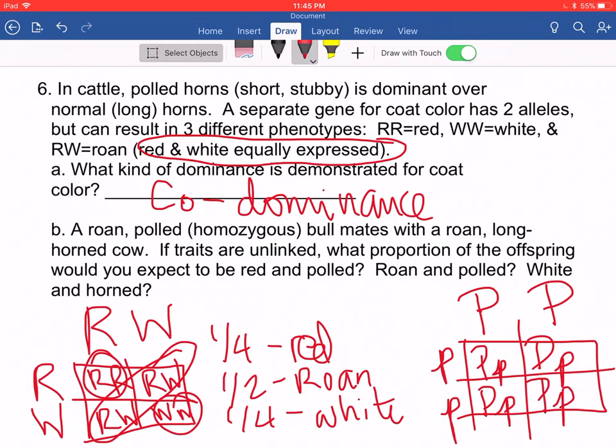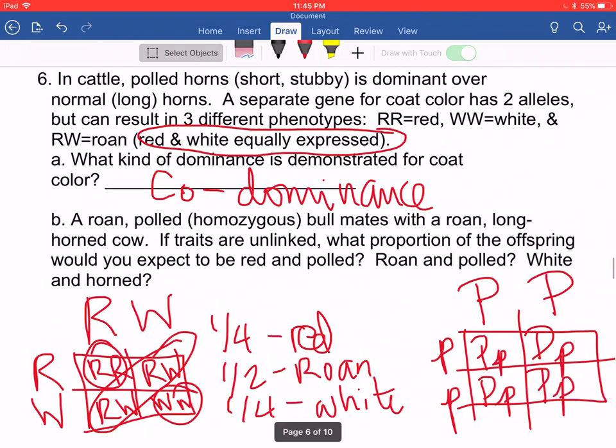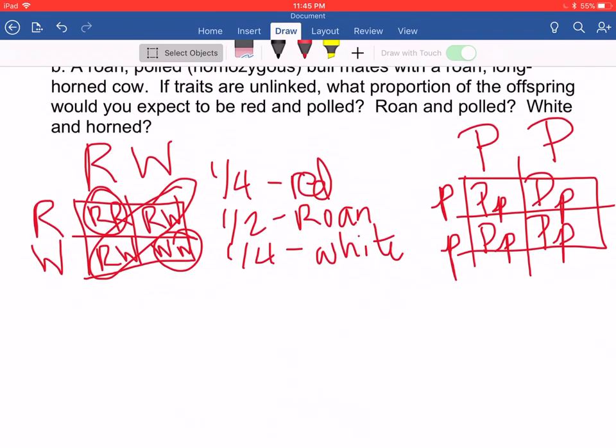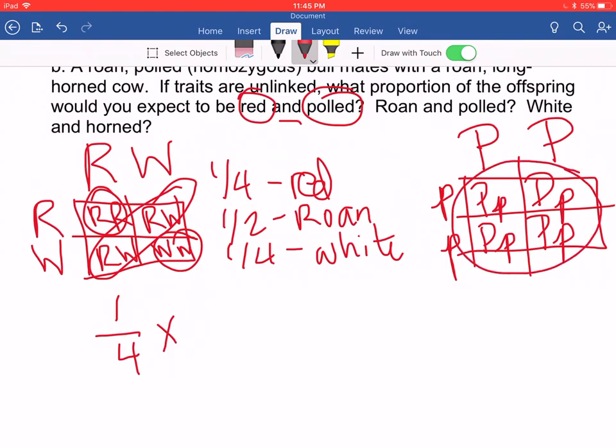All right, so now we can figure out what our expectations are here for the offspring. What proportion of the offspring would you expect to be red and polled? The probability of being red is 1/4, and for being polled, there's only one type of offspring that we're going to get.